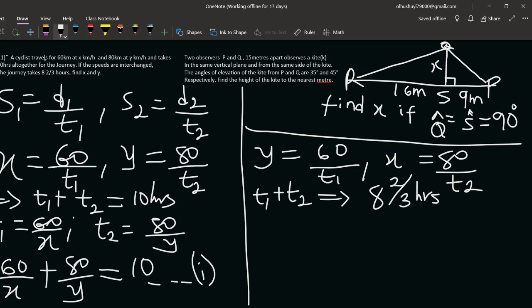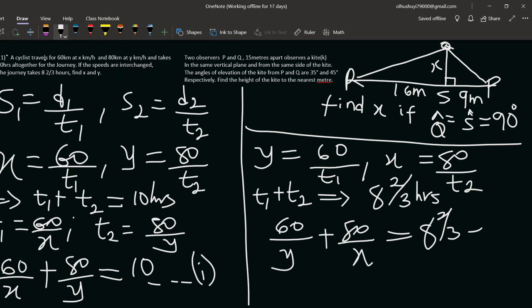So making t1 and t2 the subject of the formula here, we have 60 over y plus 80 over x equal to 8 2/3, and that is equation 2. And we are told to find x and y.